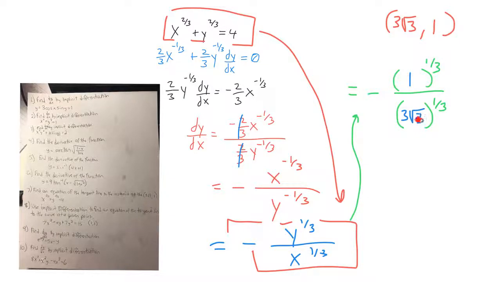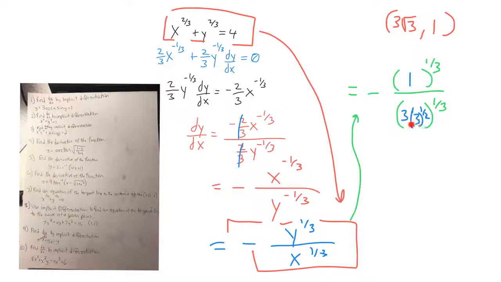Now, let's be very clear that radical 3 is secretly 3 to the 1/2. Due to my experience, I know that it's going to be helpful to see it that way right now. So I'm actually going to write that as 3 to the 1/2. Now, this is 3 to the 1, and this is 3 to the 1/2.